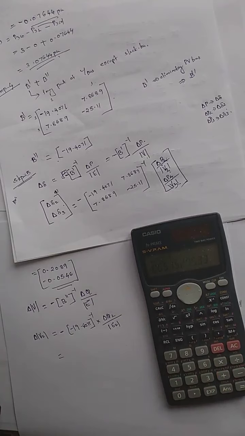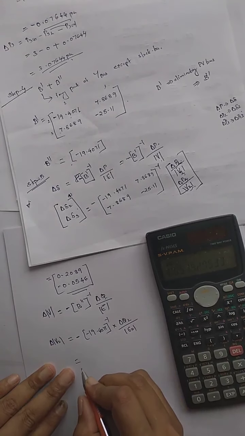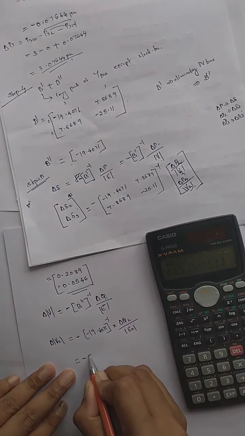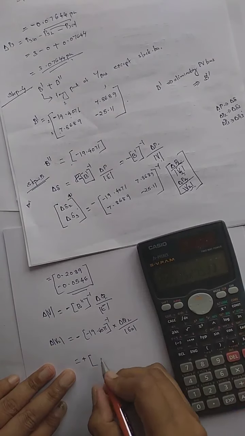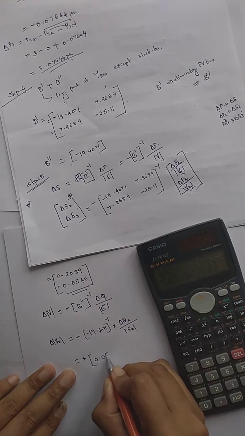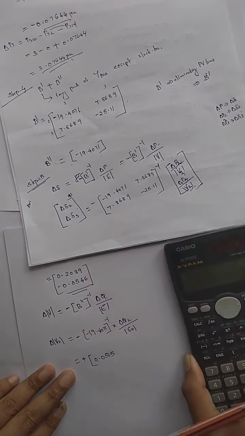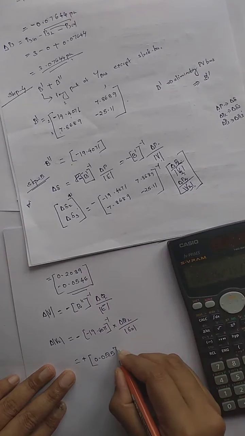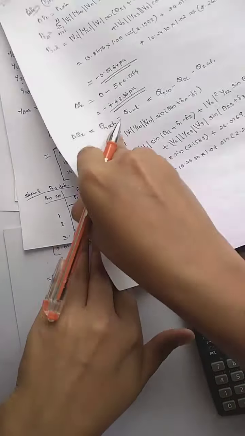0.0515, isn't it? So how I am going to find out is minus of minus, and minus and minus I am taking as plus 0.0515 into what is delta Q2 value.